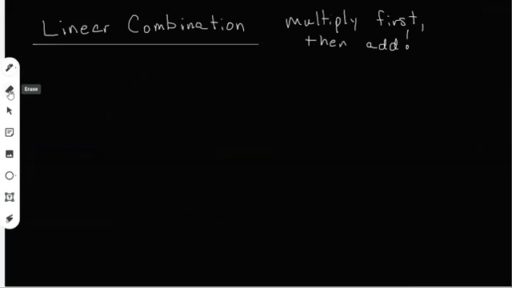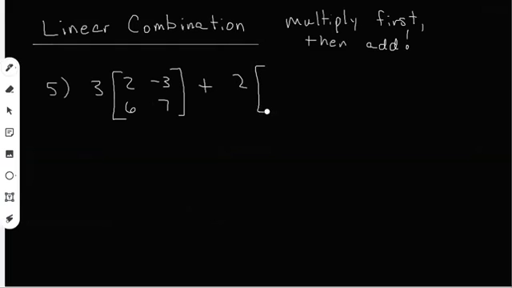Let's try number 5 on the problem set. Number 5 says 3 times this 2 by 2, 2, negative 3, 6, 7. Let's close that up. And we're going to add that to 2 times the 2 by 2, 1, 3, 0, 4. And let's close that up.